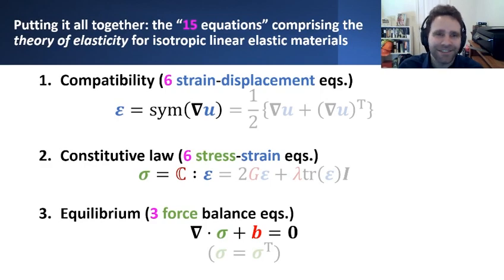The next set of equations that we derived was this concept of a constitutive law that linked our description of strain, this strain tensor object, to the resulting stress tensor object that we had come up with previously. And this set of equations relied upon an assumption of linear elastic material behavior, which is arguably the simplest possible relationship between stress and strain that you can come up with, sometimes also called Hooke's law.